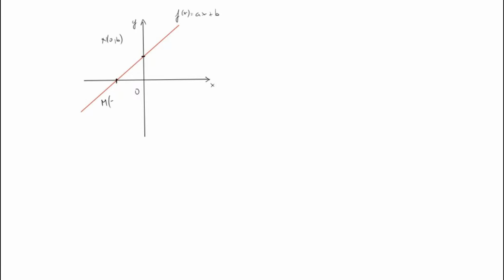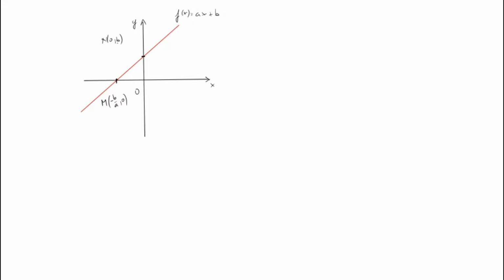Okay, let's go to the next page. Draw again the coordinate system and the function. Okay, so we have here x, y, and the origin, and the function. Okay, so f of x equals ax plus b. Here we have point n, 0 and b as coordinates, and here we have point m with minus b over a and 0 as coordinates.